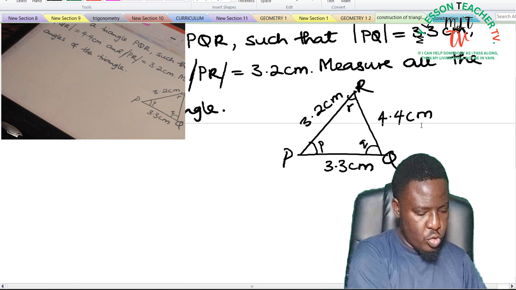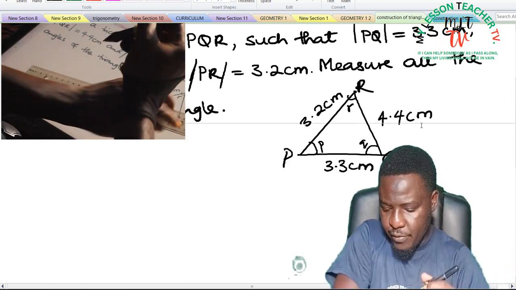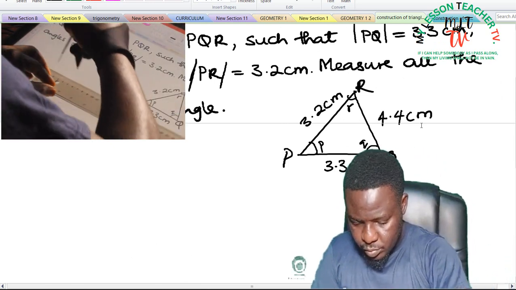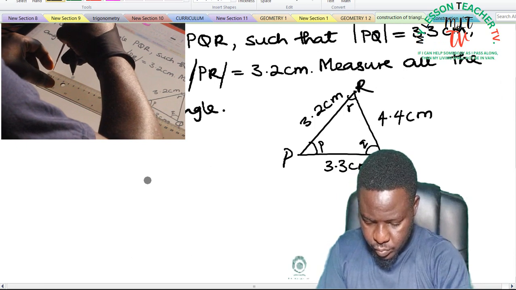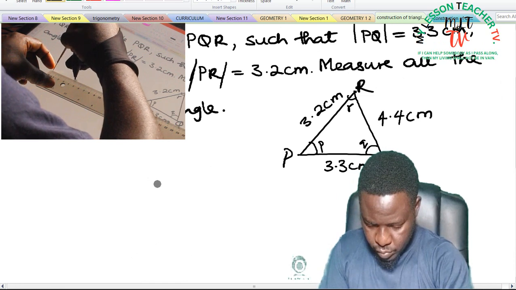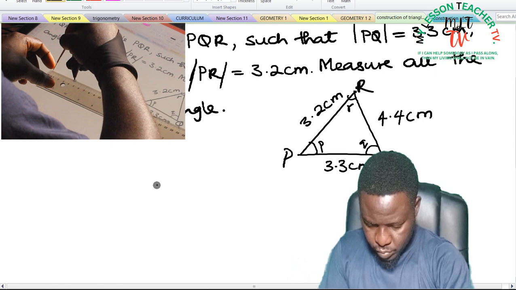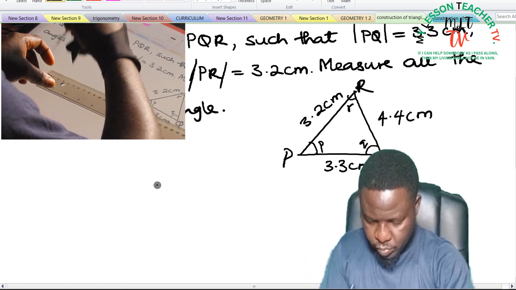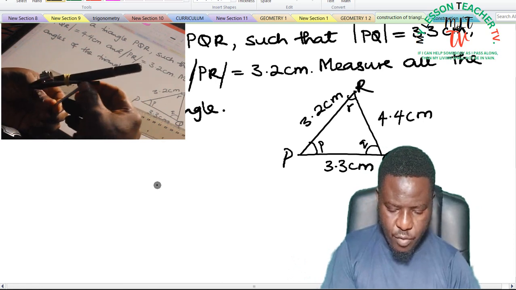So you also use your rule and measure 4.4. So I have gotten my 4.4.